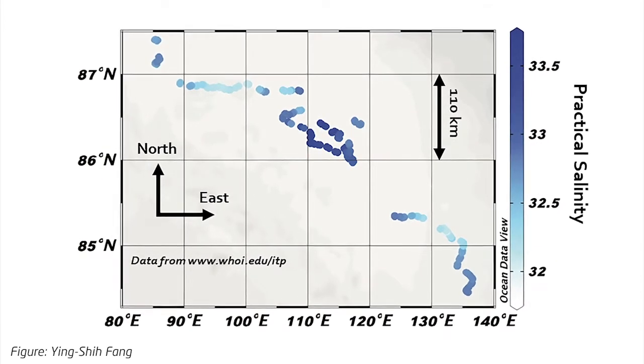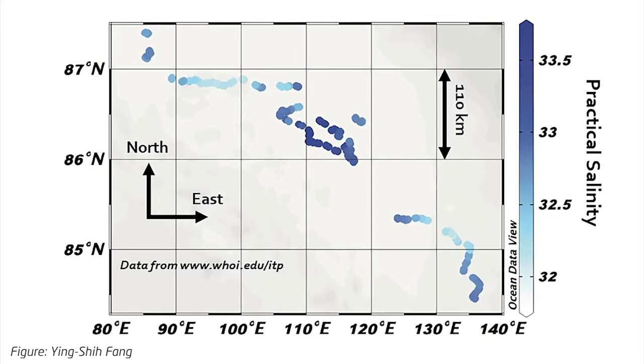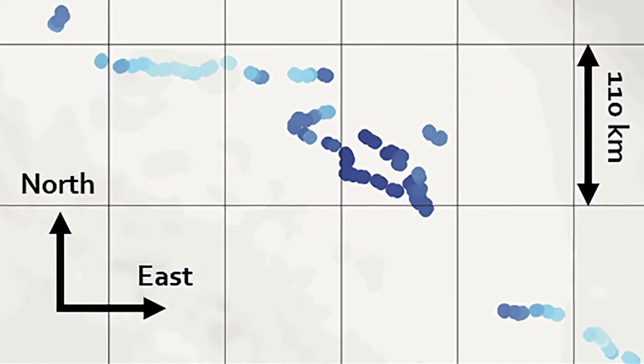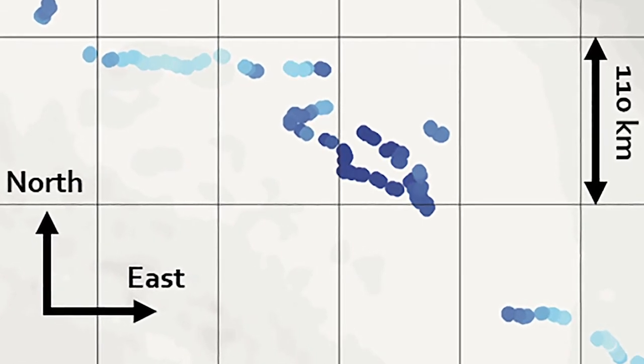So on this map, where you see north and east, you can see over scales of 100 and more kilometers that salinity is varying. But what you can also see are these really tiny dots that are varying on very small scales, something like a few to 10 to 20 kilometers. Those are the kinds of variations that we really want to measure and understand in MOSAiC, and they could be caused by things like passing eddies in the ocean.